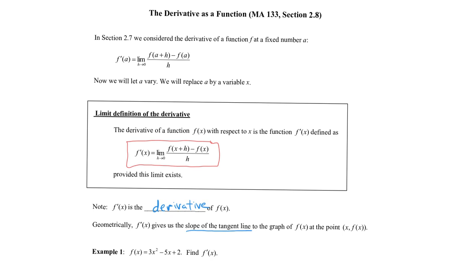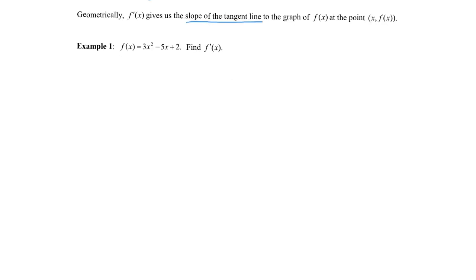So let's see how that works. One thing to keep in mind is that in sections 2.7 and 2.8, we do a lot of algebra and limits to find these derivatives. It's kind of a lot of work, as I'm sure you're aware. But in chapter 3, we're going to find shortcuts for all of this. Some of you who may have taken calculus before probably remember the power rule for the derivative, and you can find the derivative of this in less than a second.